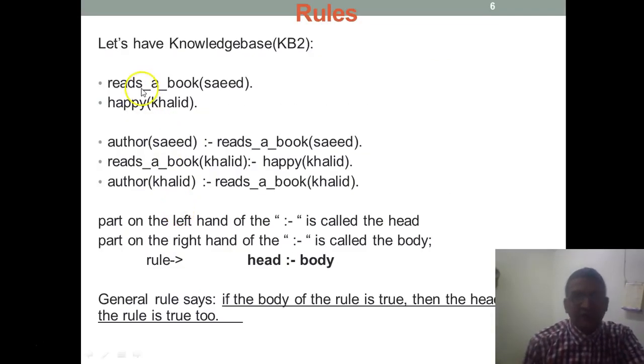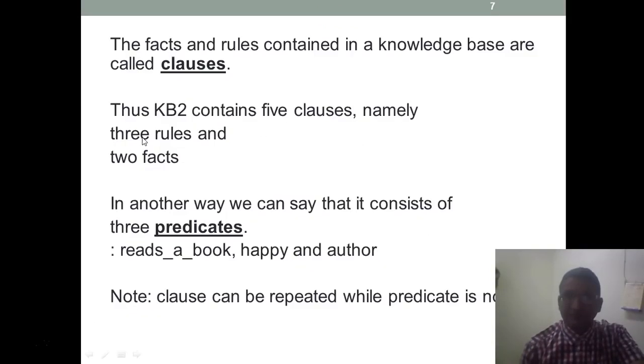In this knowledge base we have 5 clauses, 2 facts and 3 rules. But if we count the unique information, we have 3 unique predicates: read book, happy, and author. So this knowledge base contains 3 predicates.